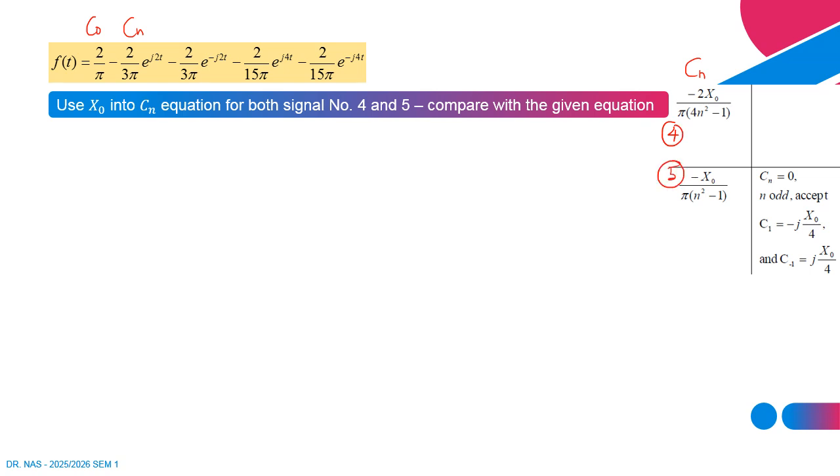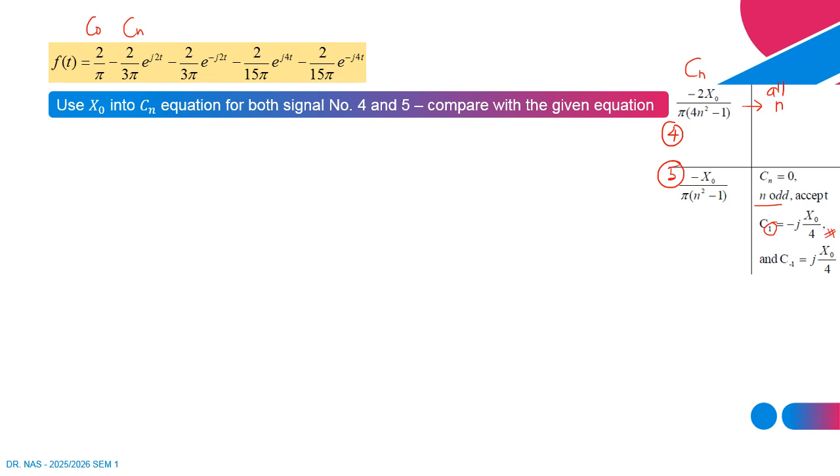Don't forget to look at the remark as well. This equation is valid for all n values, but for signal number 5, Cn will be zero for n odd except C1. If n equals 1, C1 equals this equation.